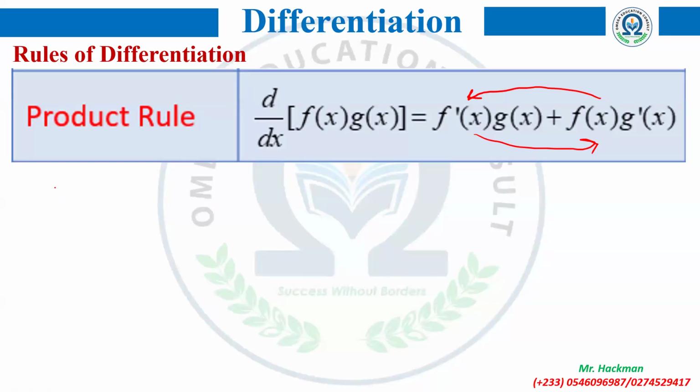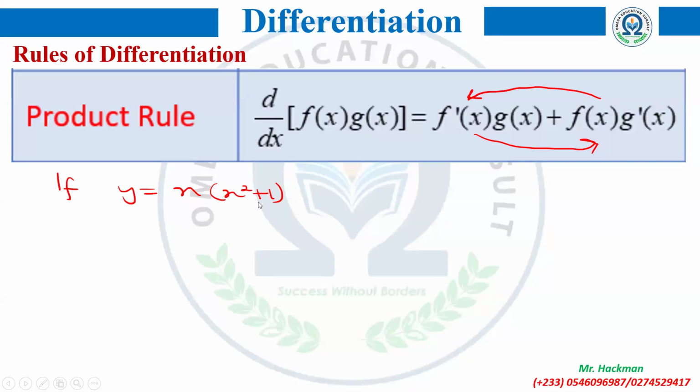So, an illustrative example. Assuming I have y equal to x times x squared plus 1. Obviously you can see the product of two functions. One of my functions here is x, so f of x is x.